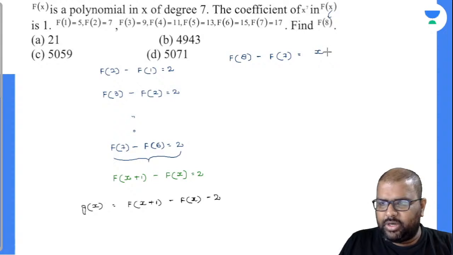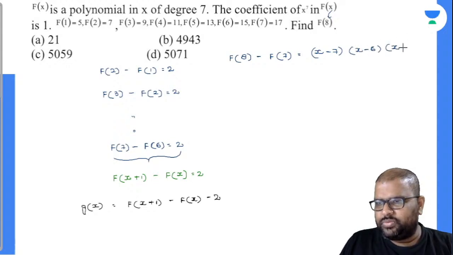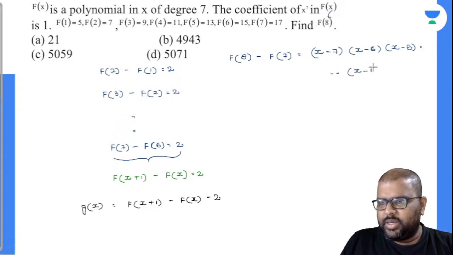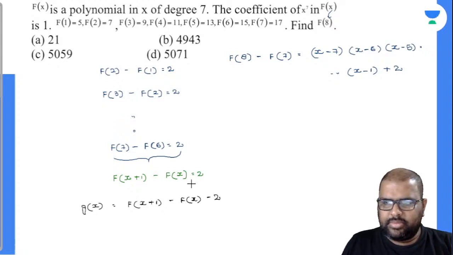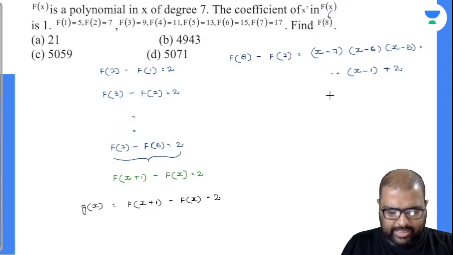So in order to be not 0, it has to start like this: x minus 7 into x minus 6. Am I right or wrong? x minus 5, and so on, up to x minus 1, plus 2. Am I right or wrong? It is equal to 2, na? So see here, the minus 2, I took on the right hand side.